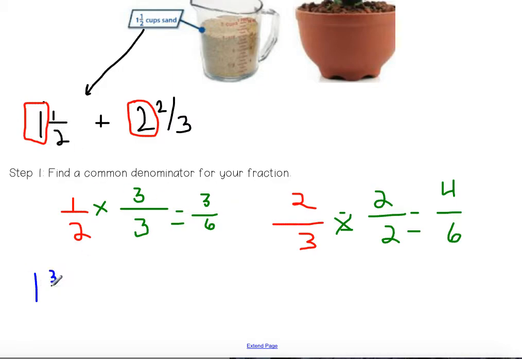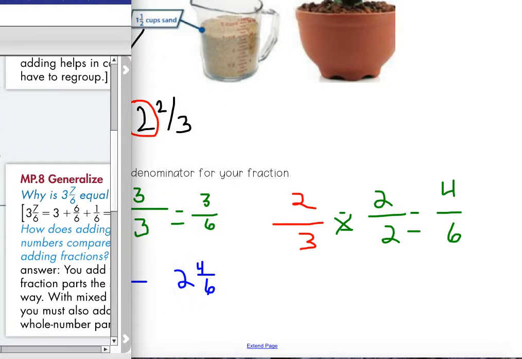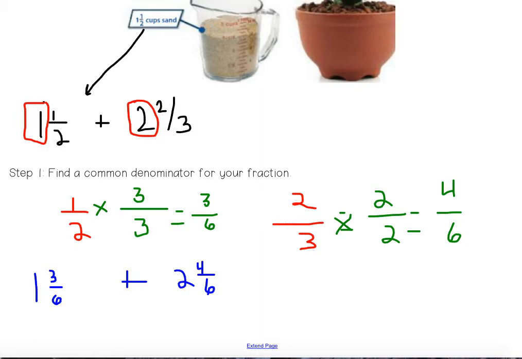So 1 and 3/6 plus 2 from my original problem, and I made an equivalent fraction from 2/3 into 4/6, plus 2 and 4/6. So now here is my new problem. I have 1 and 3/6 plus 2 and 4/6, and I have a common denominator of 6 on the bottom. So now what I'm doing is simply adding the fractions together. So that's my step 2.